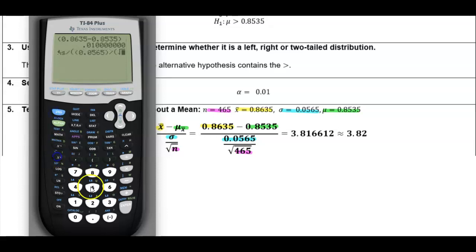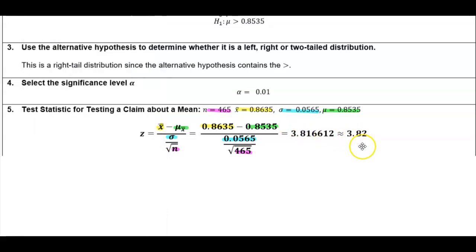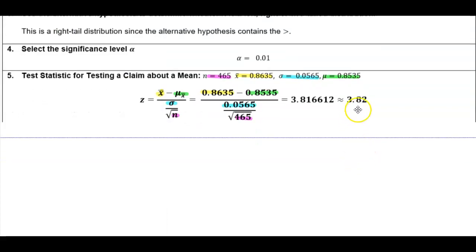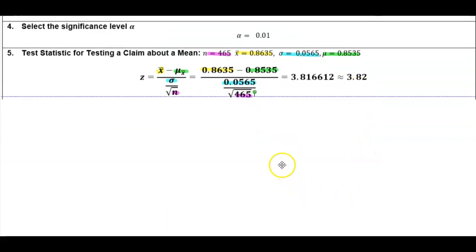So that's the square root of 465, and then close that parentheses, and then add another one at the end, and then select enter. And so we end up getting 3.816612. Rounding that to 2 decimal places gives us a test statistic of 3.82.